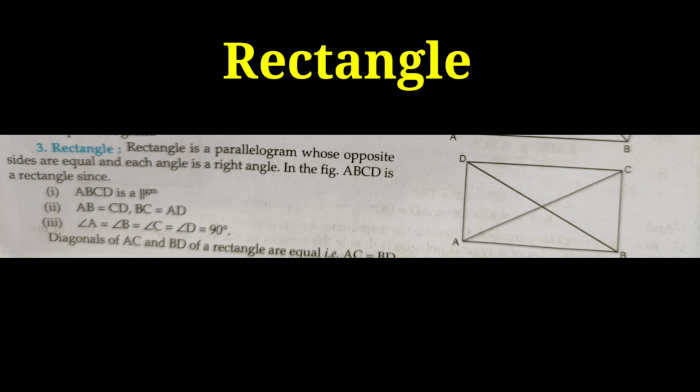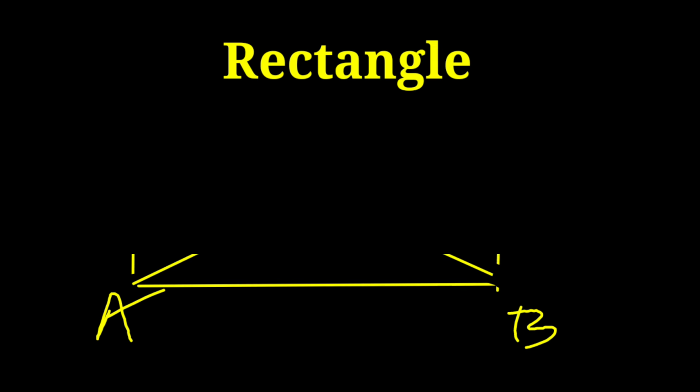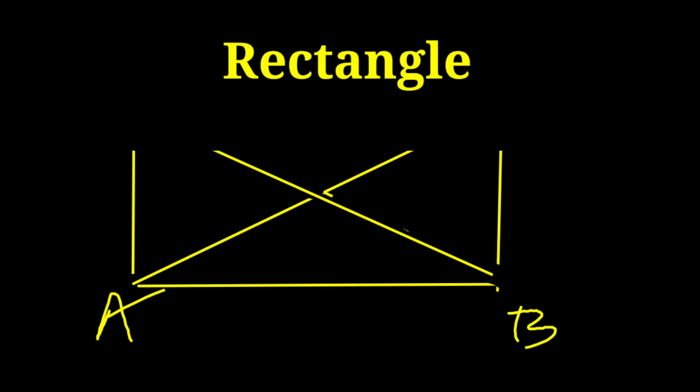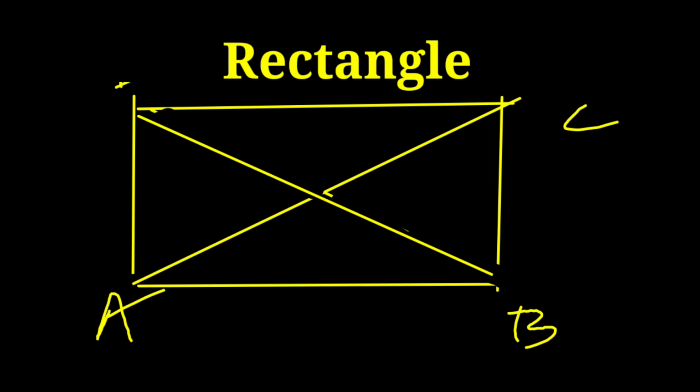Again, number 3, angle A equals angle B equals angle C equals angle D equals 90 degrees. So this is the drawing of the rectangle where each angle contains 90 degrees, and when we take them together it becomes 360 degrees. We know that the sum of the four angles of a rectangle is 360 degrees.